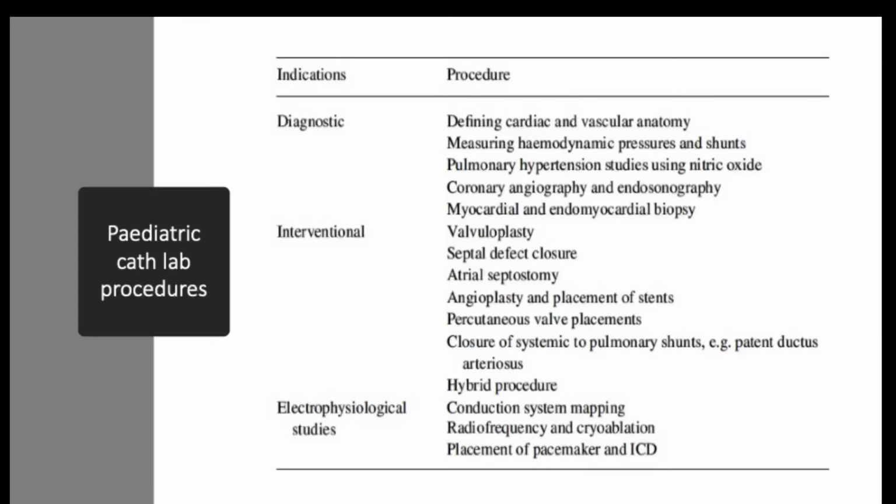So what are the procedures that are done in the cath lab? Well, they can be divided into three. That is diagnostic, interventional, and electrophysiological. And I was the only consultant generally at Barra who would do the electrophysiology lists, because they're quite long, quite complicated procedures where the aim is to induce the abnormal arrhythmia that the child has.